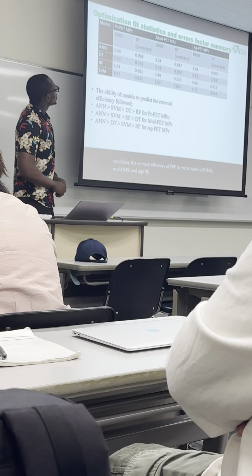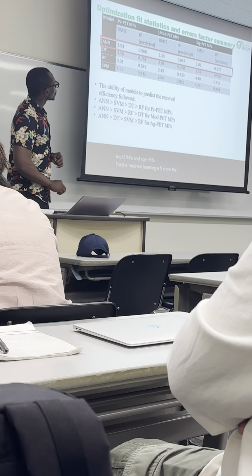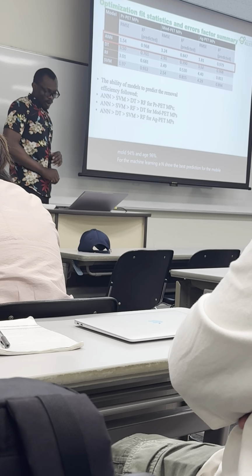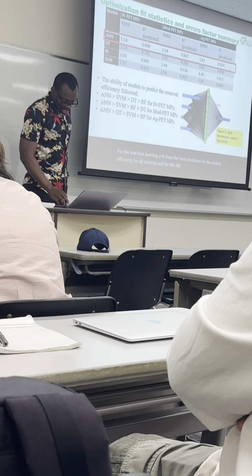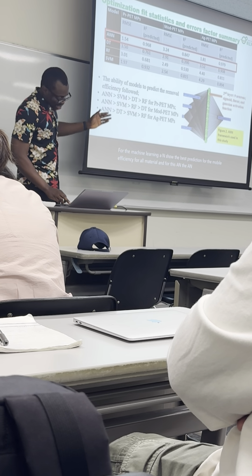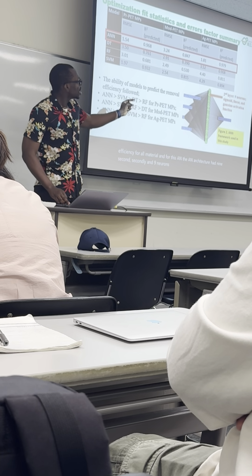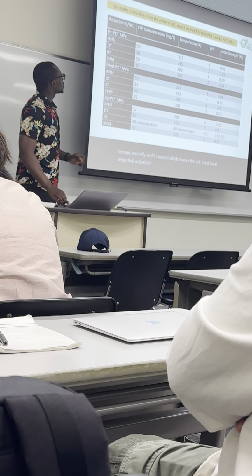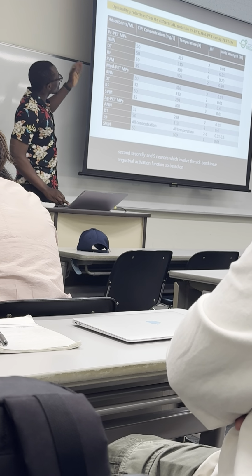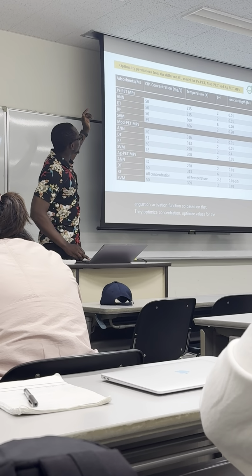For the machine learning, ANN showed the best prediction for the removal efficiency for all materials. And the ANN architecture had 9 neurons which involve the sigmoid, linear, and Gaussian activation functions. So based on that, the optimized values for the different factors for the ANN were obtained.